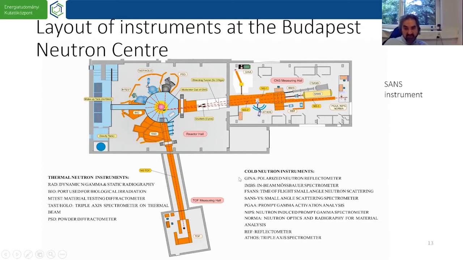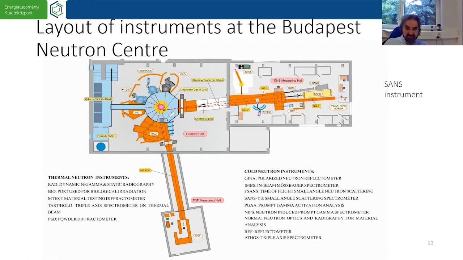Such a setup is called a spallation source, and it is considered to be less risky because you can stop the accelerator at any moment, and then nothing will follow. So there will be no chain reaction.